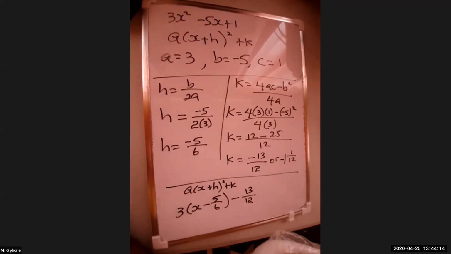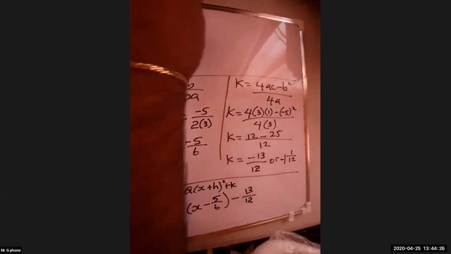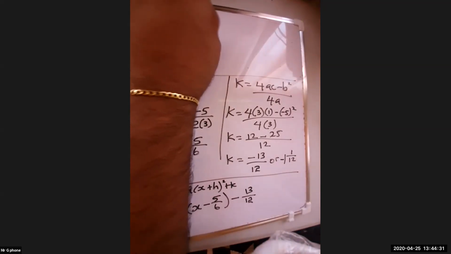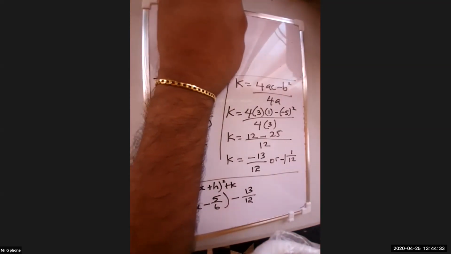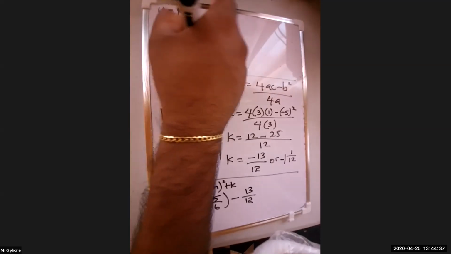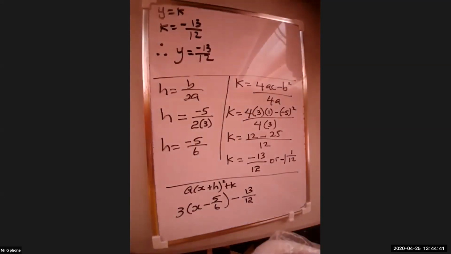So here they're asking us for both the x value as well as the y value. Okay, so can I erase this? I'll just erase it up here and do it on the top there, right? So remember, the y value, y is equal to k, and k is equal to -13 over 12. Therefore, y is equal to -13 over 12.